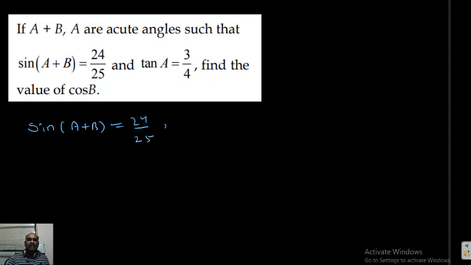Already given that a plus b and a are acute, means a plus b belongs to Q1. By using a small right triangle I can find remaining trigonometrical ratios. So this is a plus b, this is 24, this is 25, obviously this is 7.